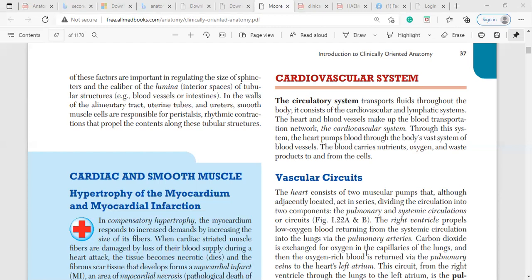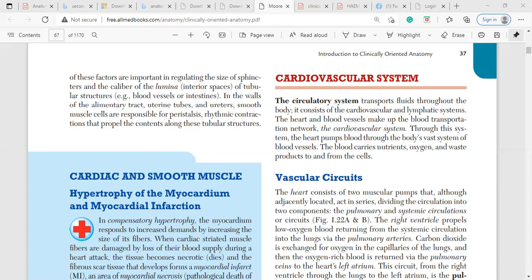Now, here you will find that the blood, after getting oxygen in the lungs, needs to come back to the heart, and it enters the heart through the pulmonary vein, and it goes to the left atrium of the heart.